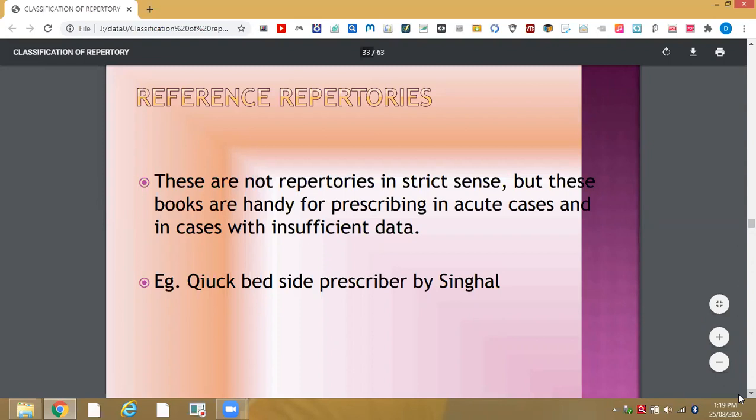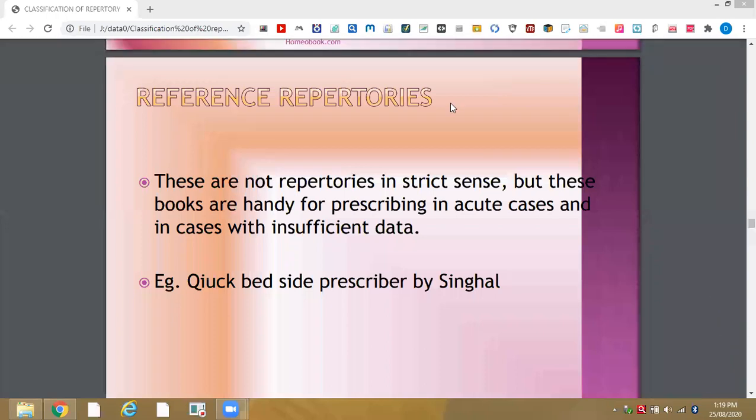As I told earlier, in acute cases, when we have to prescribe immediately to relieve the patient from his suffering, to give immediate relief, or to suppress the condition, or when we get very insufficient data while taking the case, in such situations we use these repertories. These are called reference repertories.